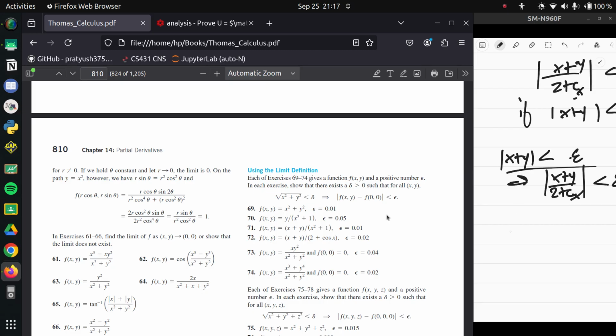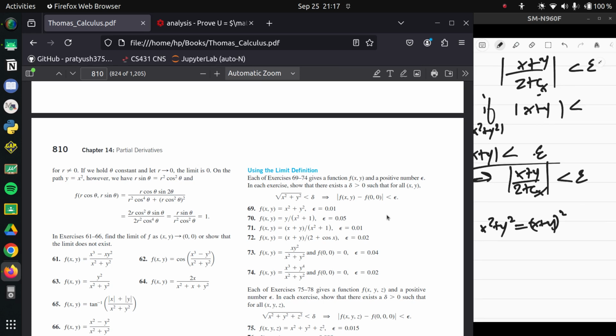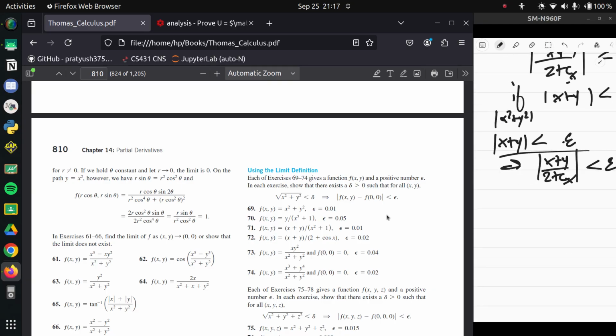But then, x square plus y square equals x plus y square minus 2xy, right? So xy may not be positive. That's not a good scenario. 2 of x plus y.